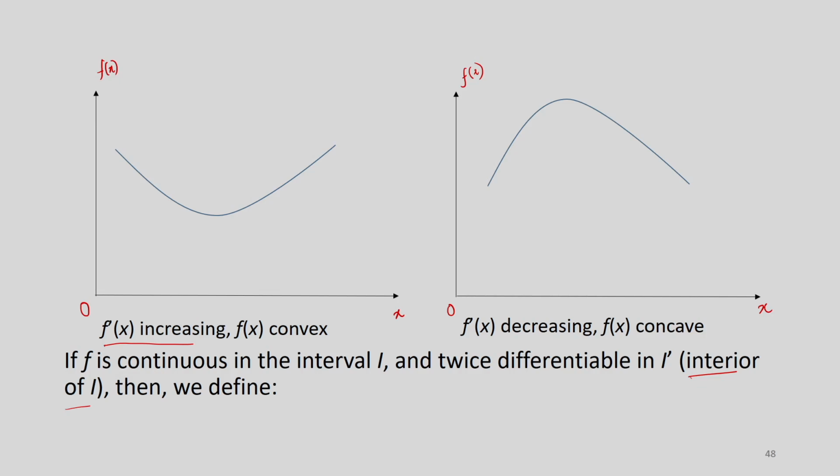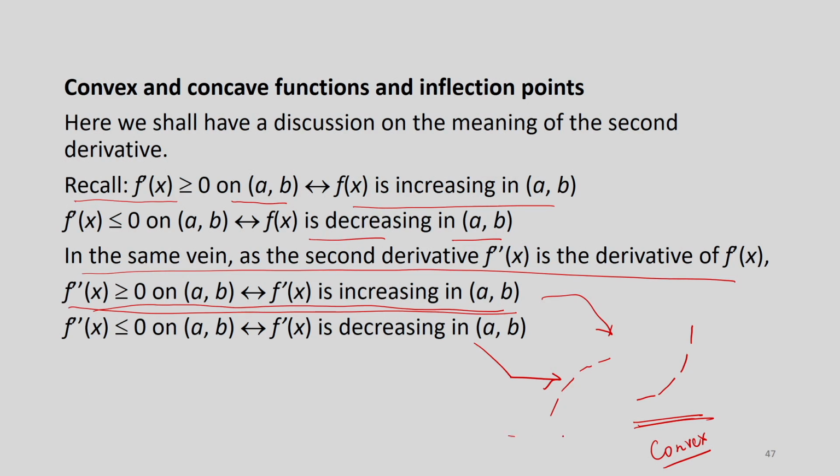On the other hand, on the right hand side of the screen, you have a function which is concave, and concave functions we have drawn in a rudimentary manner here.